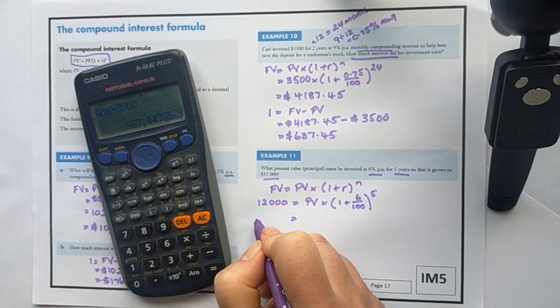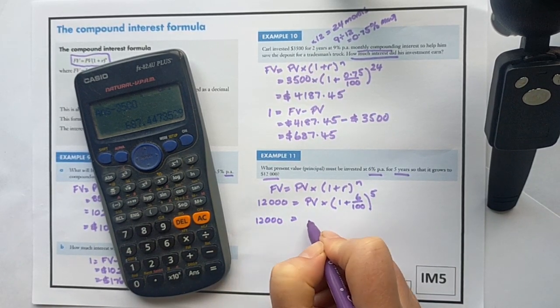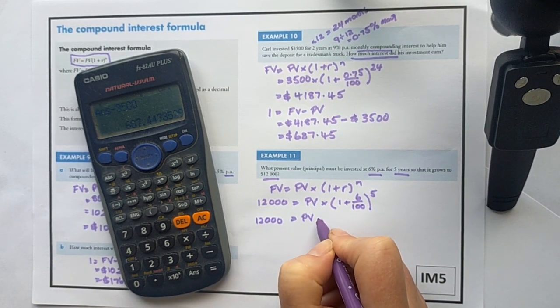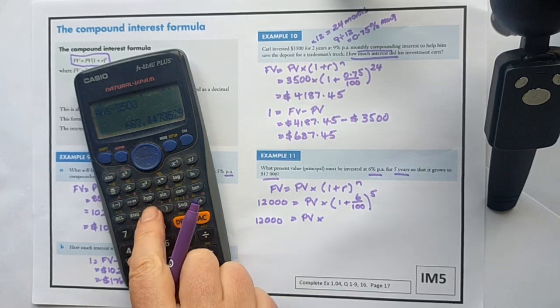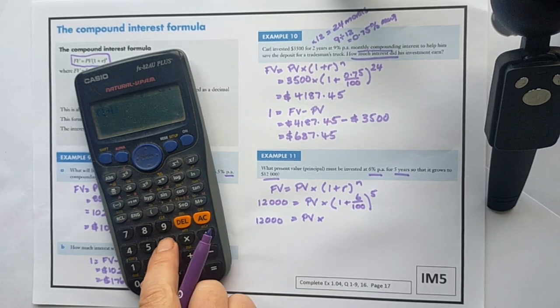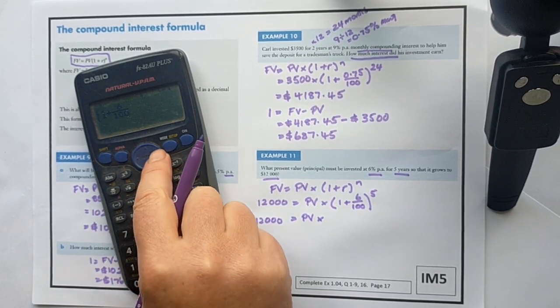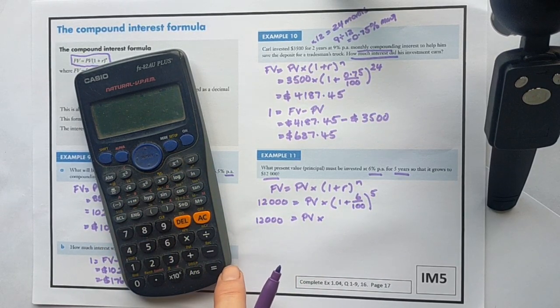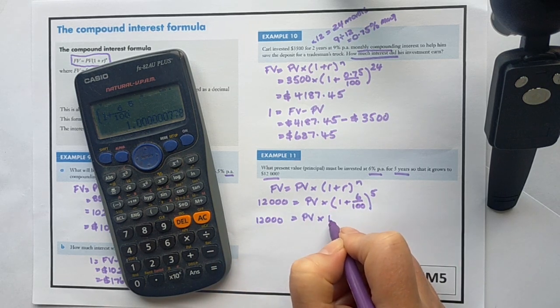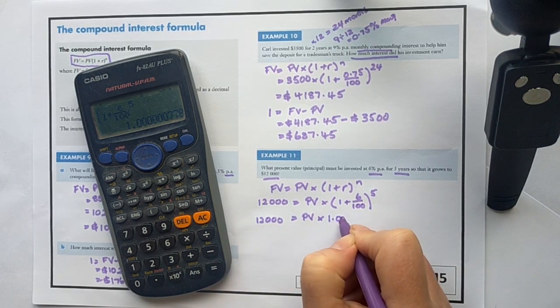So let's leave our 12,000 here, our present value here. Let's put this in our calculator and see what we get. So let's do 1 plus 6 over 100 to the power of 5. Okay, and it gives us 1.000 blah blah.